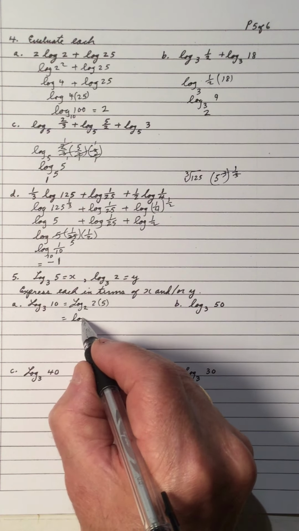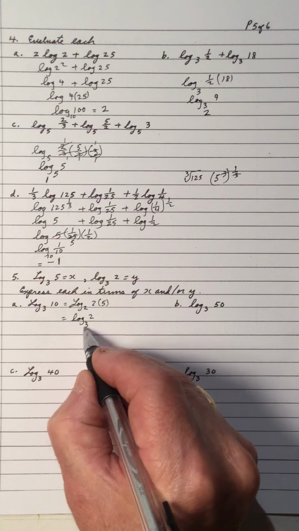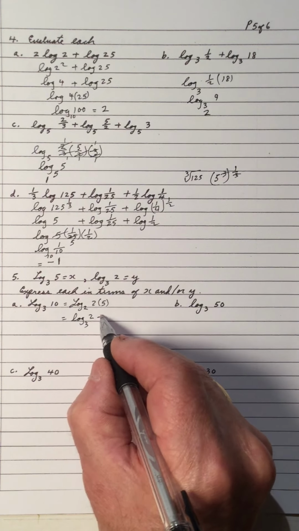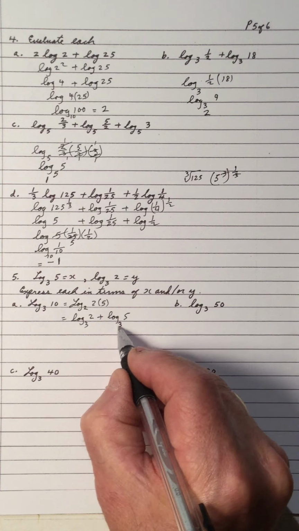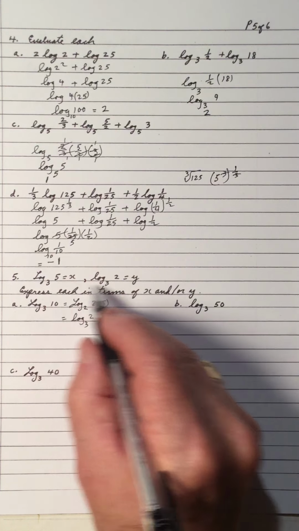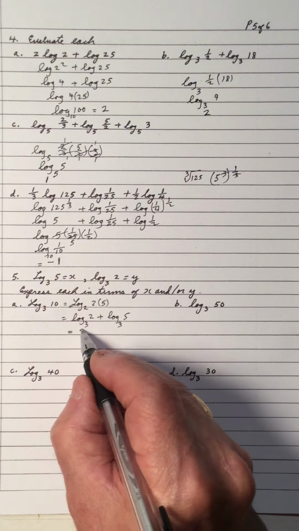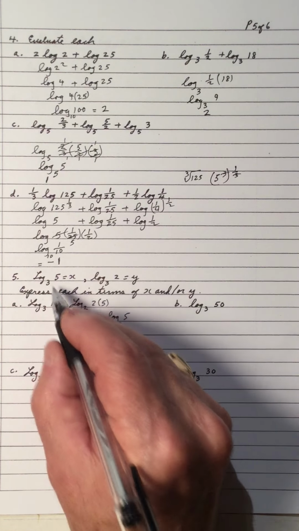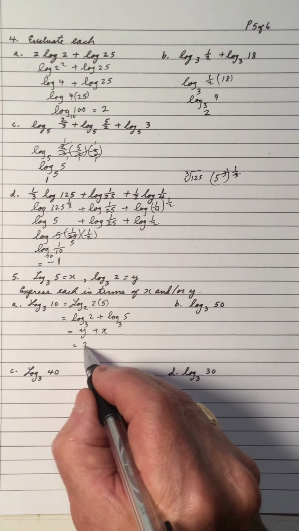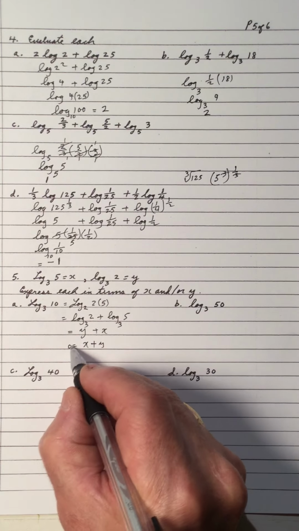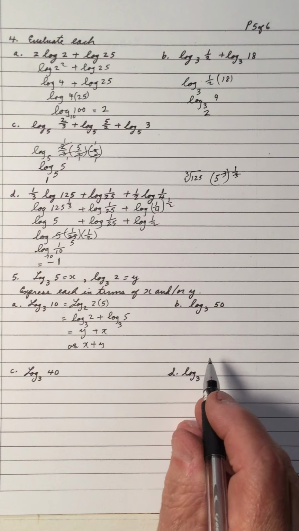The log of a product is the sum of the logs. Log 2 base 3 is y. Log 5 base 3 is x. So that's y plus x, or you can go x plus y, either or. It doesn't make any difference.